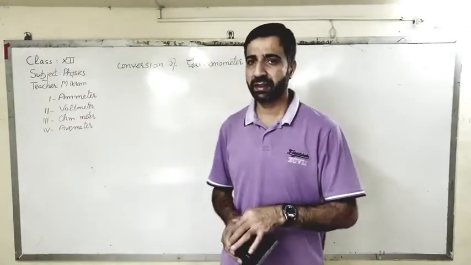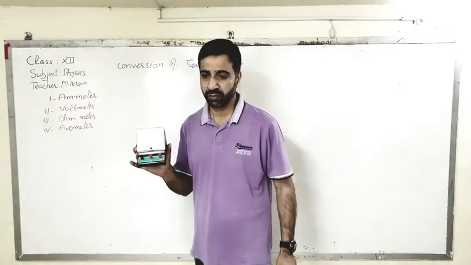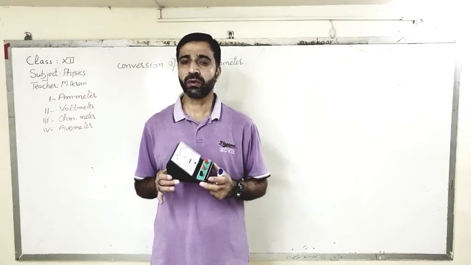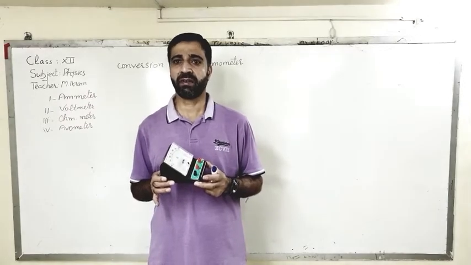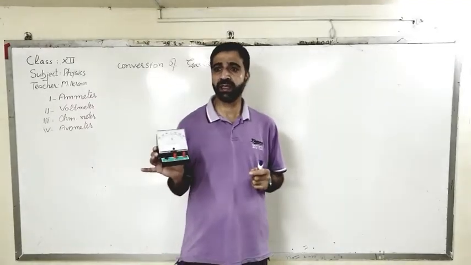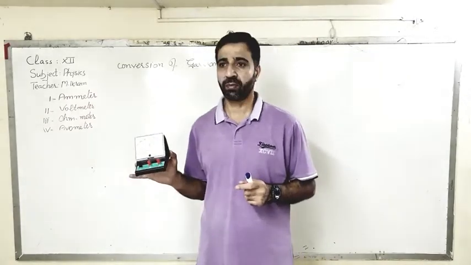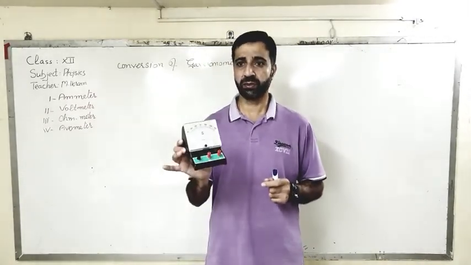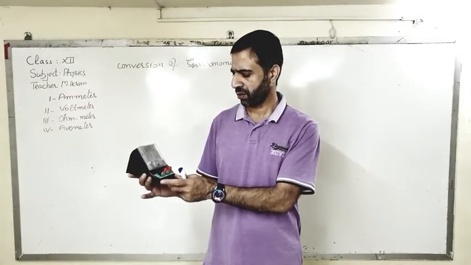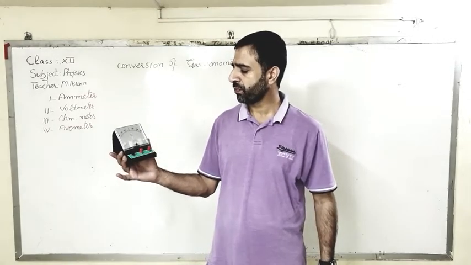Now, in my last lecture, I told you about the galvanometer, and I told you that galvanometer is the most sensitive instrument or device which is used to detect and measure a small value of current or potential difference in a circuit. So you see in my hand, this is the galvanometer, and this galvanometer is for various ranges, right?